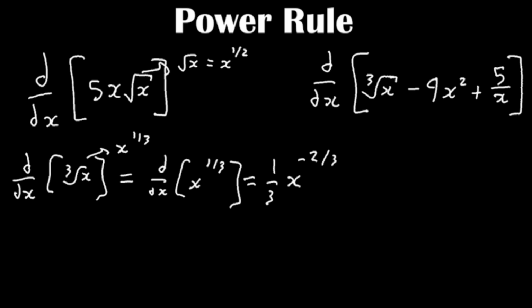So you could leave it like that, but since it's a negative power, I'm going to flip it. So this is 1/3 times 1 over x to the 2/3. Because a to the negative b is the same thing as 1 over a to the b from algebra. Okay. So this is 1 over 3 x to the 2/3. That's how I'm going to write my answer.